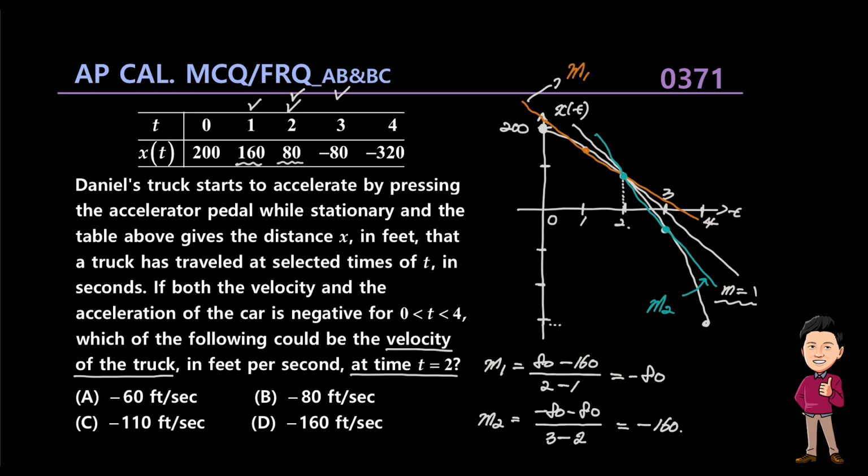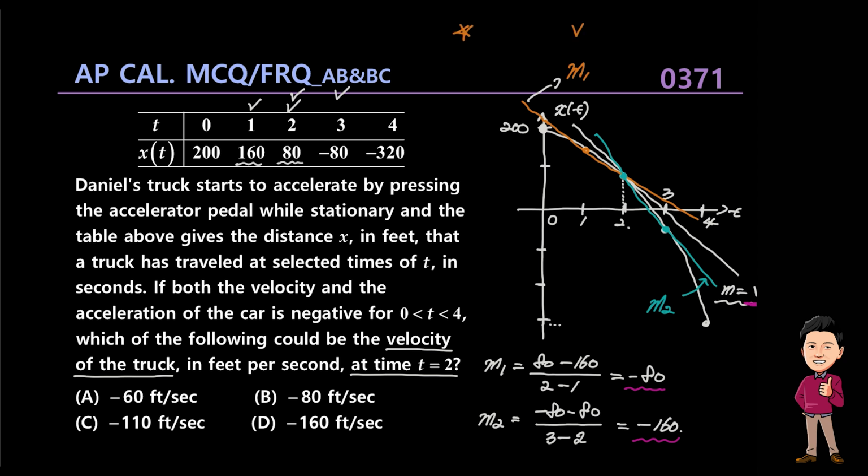So the slope of the tangent line, which is this, must have a value between the two slopes. We don't have enough space, so let me write right over here.